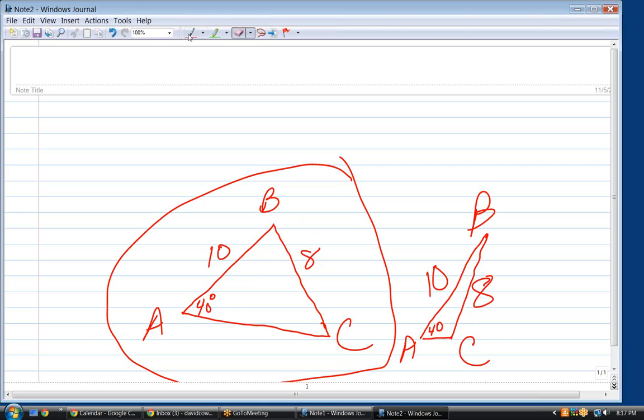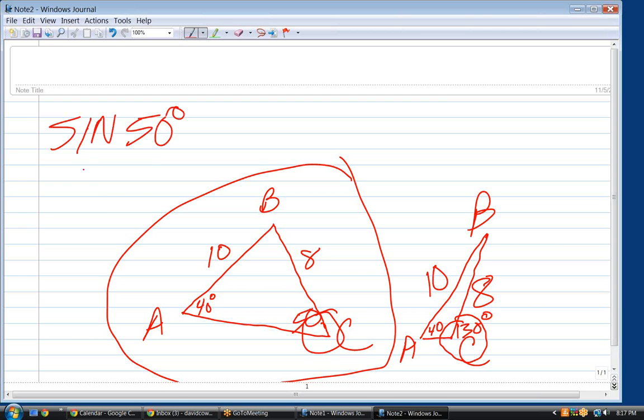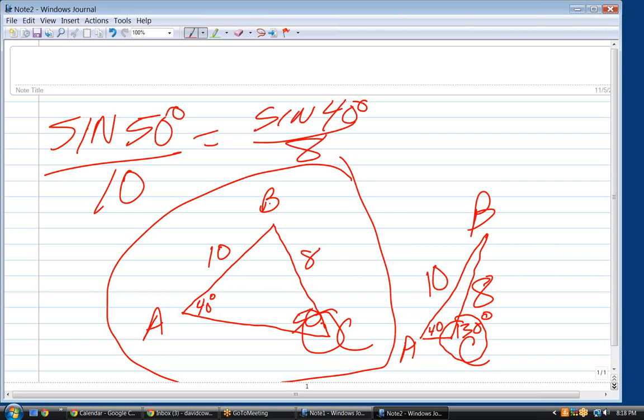And the difference between these two is that this angle for C is supplementary to this angle. If this angle was, say, 50 degrees, then this angle C is 130 degrees. And that makes the law of sines work. This one says that the sine of 50 degrees divided by 10 equals the sine of 40 degrees divided by 8.